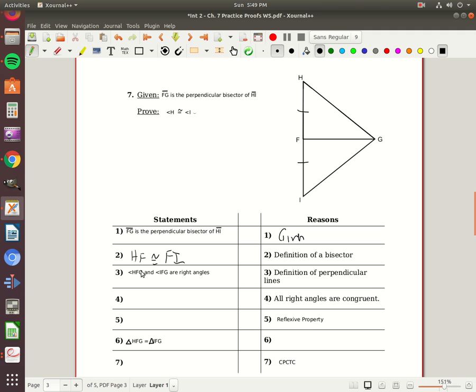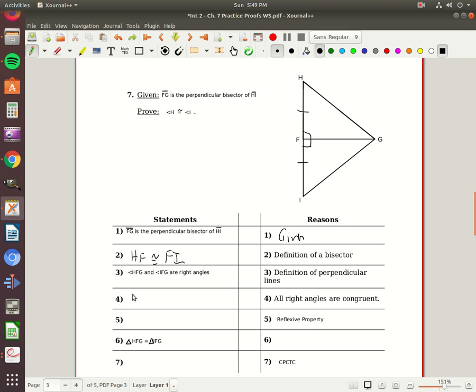And we can say that angle HFG and angle IFG are right angles, because that's the definition of a perpendicular line. So I think that's just definition of perpendicular lines. Right, that was the perpendicular bisector, so that means with a 90-degree angle.